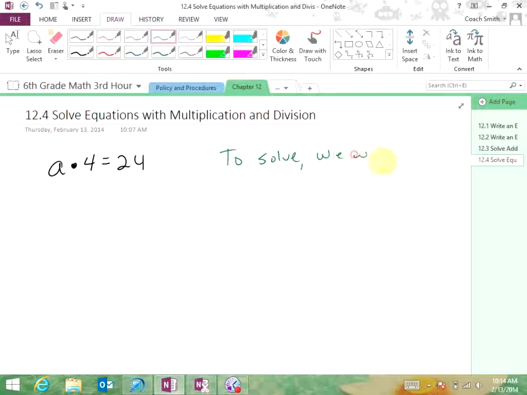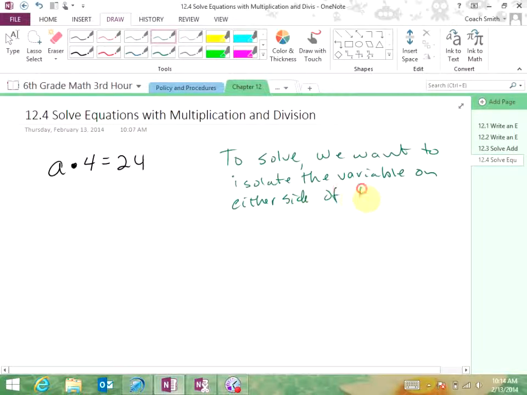we want to isolate the variable on either side of the equal sign. Okay, obviously, in most cases, if it starts on the left side, we want to isolate it on the left side. Okay?